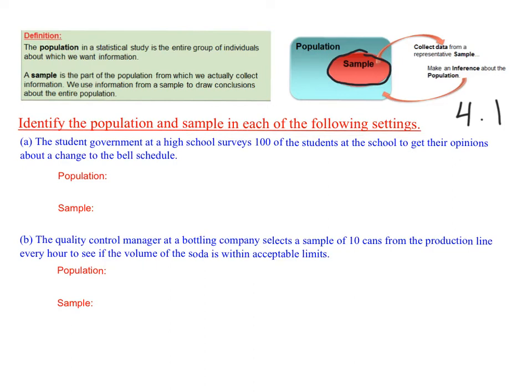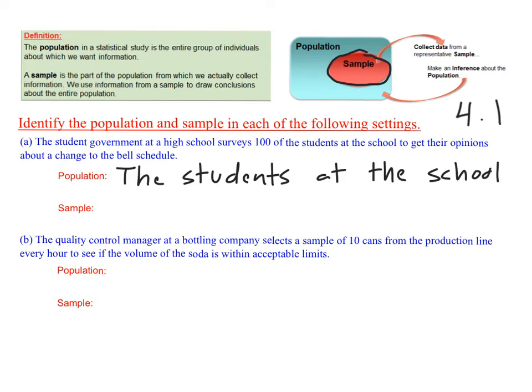In this first one, population, think of who the sample was drawn from. It's all the students at the school.